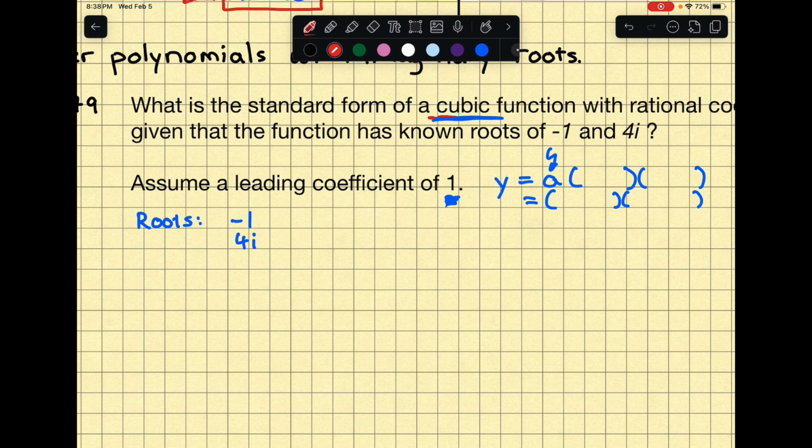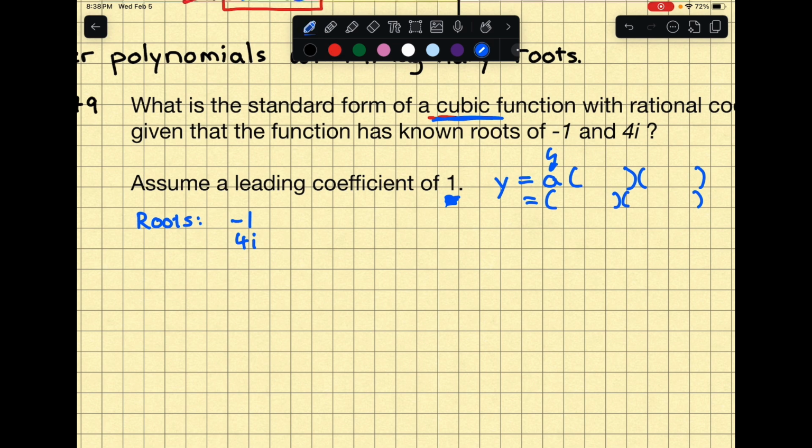Well, if you remember when we talked about irrational roots, we said that there was a conjugate root theorem, right? Which meant that, say, for example, if the square root of 3 is a root, then negative square root of 3 would also be a root. That the conjugate of an irrational number is itself a root if the irrational number is a root, especially if you're dealing with rational coefficients. So the same thing applies to imaginary numbers.